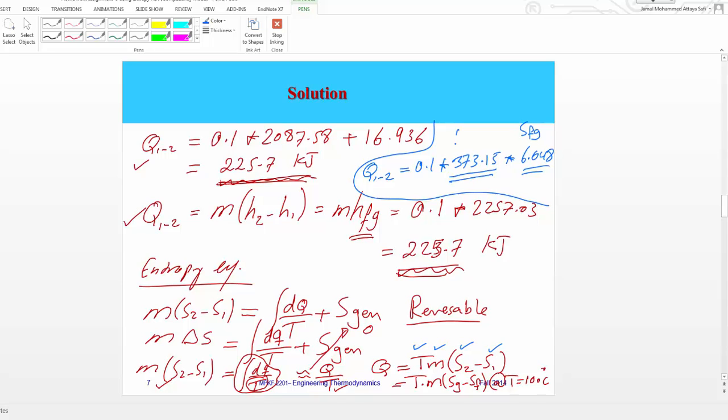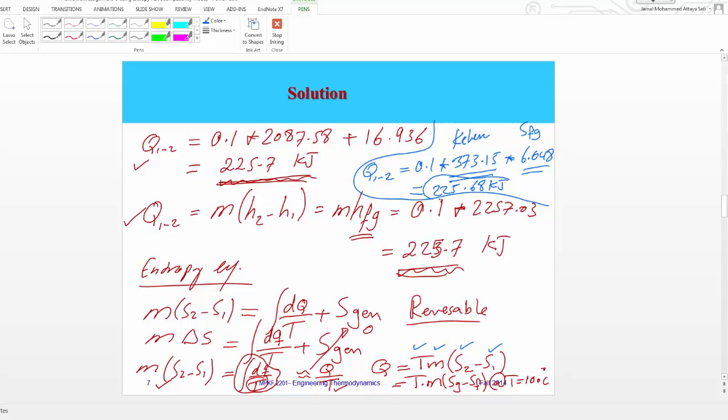Please notice that this has to be in Kelvin. Very important, the temperature here has to be in Kelvin, so you have to convert it to Kelvin. We have 100 temperature plus 273, and that's going to give you 373.15. And if you do so, that's going to give you 225.68 kilojoule.